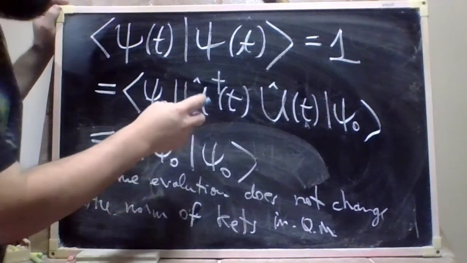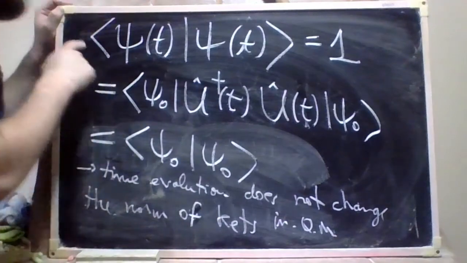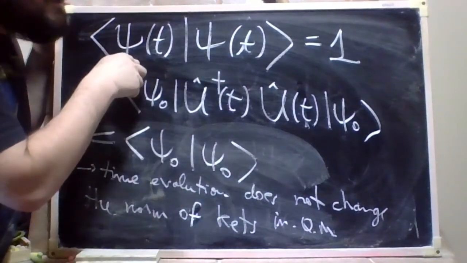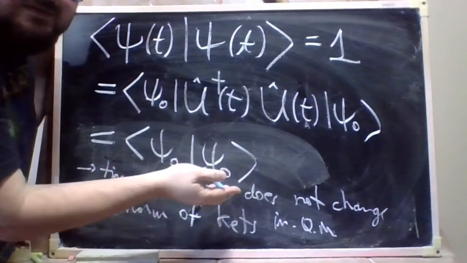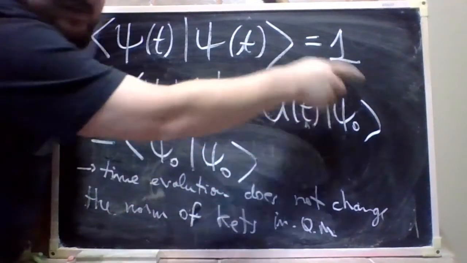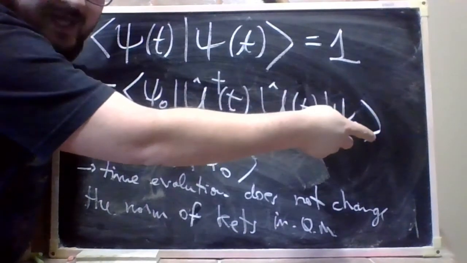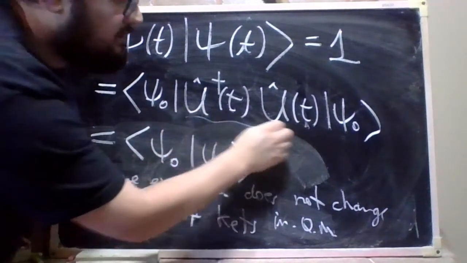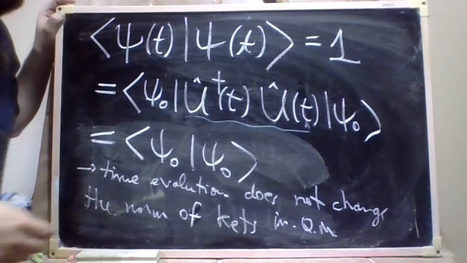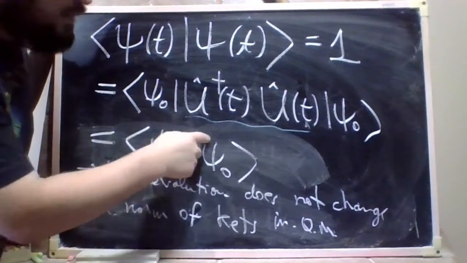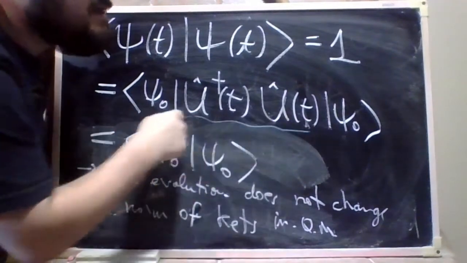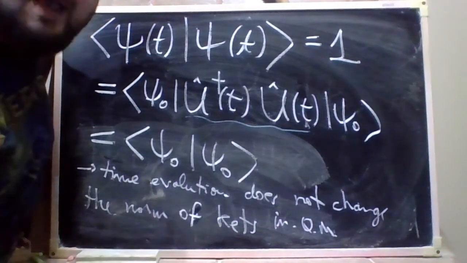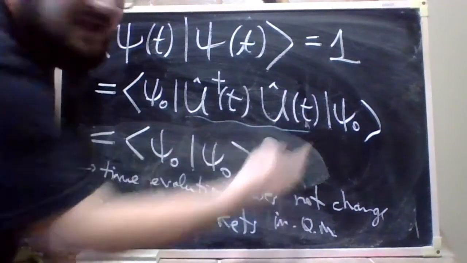So in order to keep that identity, which means the projection of the vector onto itself must be a constant, which happens to be 1 in the probabilistic interpretation of quantum mechanics, there must correspond here something in order to have this equality, and this something must be just one thing, the identity matrix.